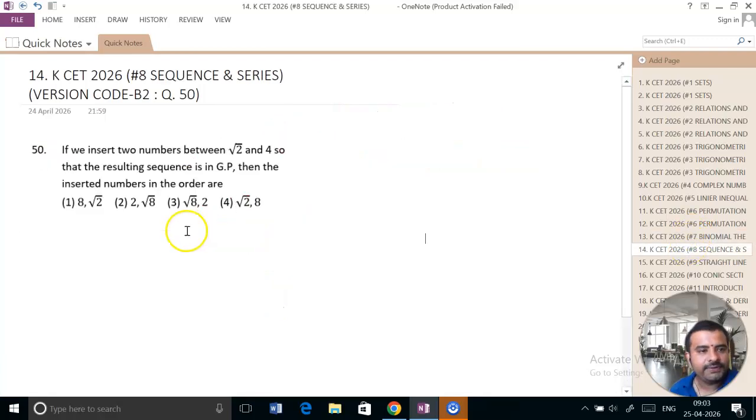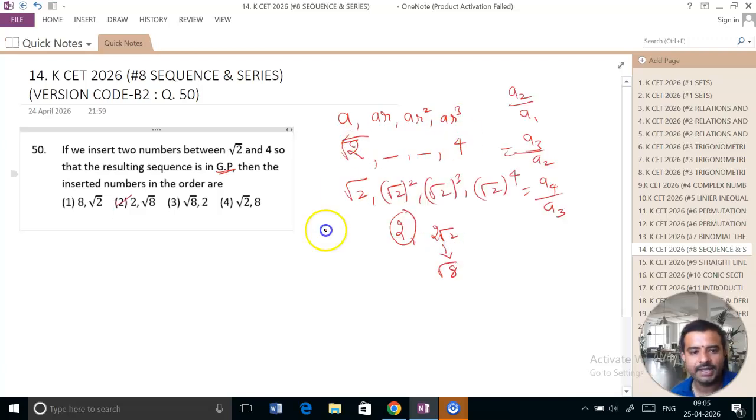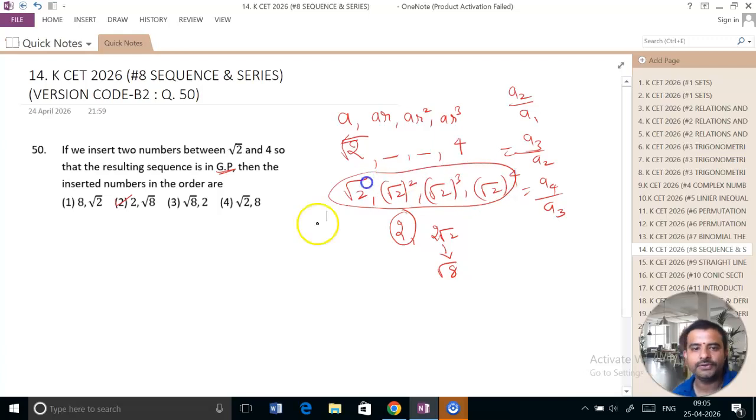When it comes to question number 50, version code B2, they given one question from sequence and series, that is from GP. If the terms are in GP, a, ar, ar square, we can directly take it. We have an alternative method for this, but if you're going to use this time saving result, it will be easy for you.